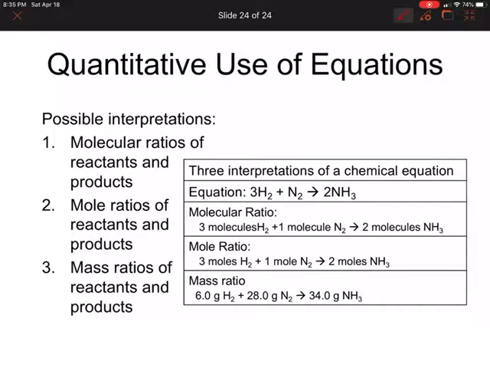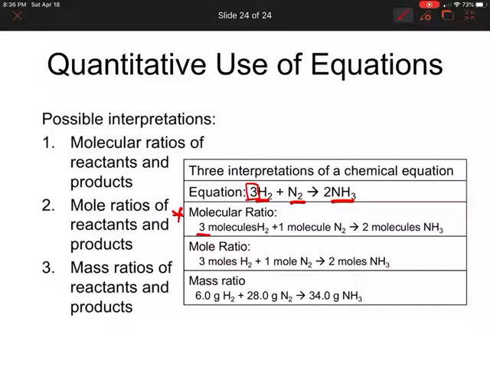And then last slide, this is kind of showing the same thing. This is saying that if you have a balanced equation, okay, that's why it's very important for things to be balanced. If you had this hydrogen plus nitrogen yields this ammonia right here, and it's all balanced, then the molecular ratio of that would be that there's 3 molecules.